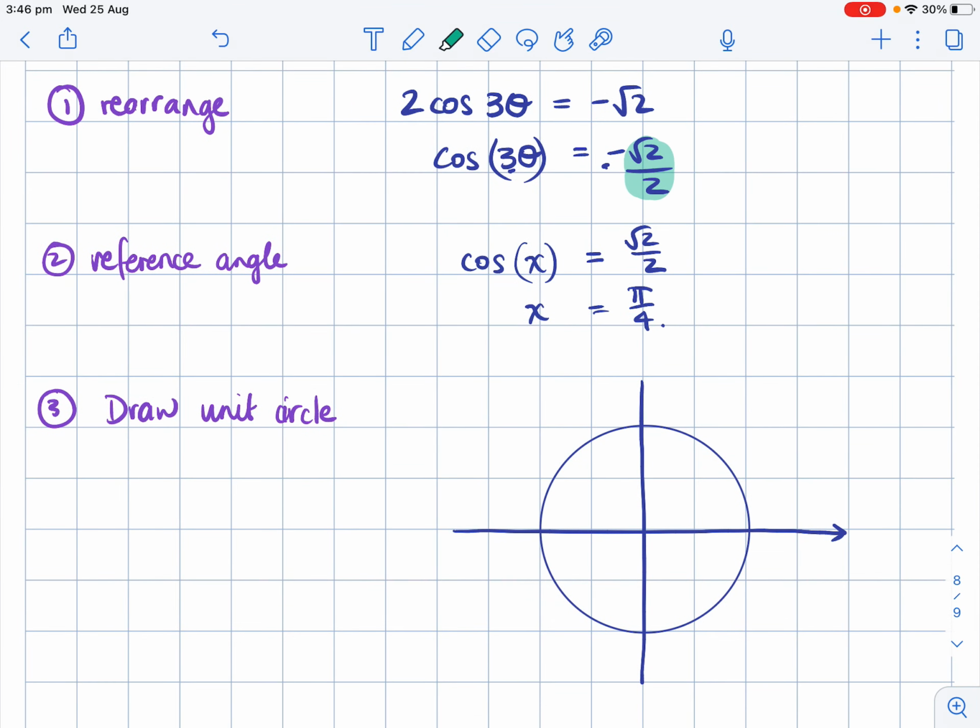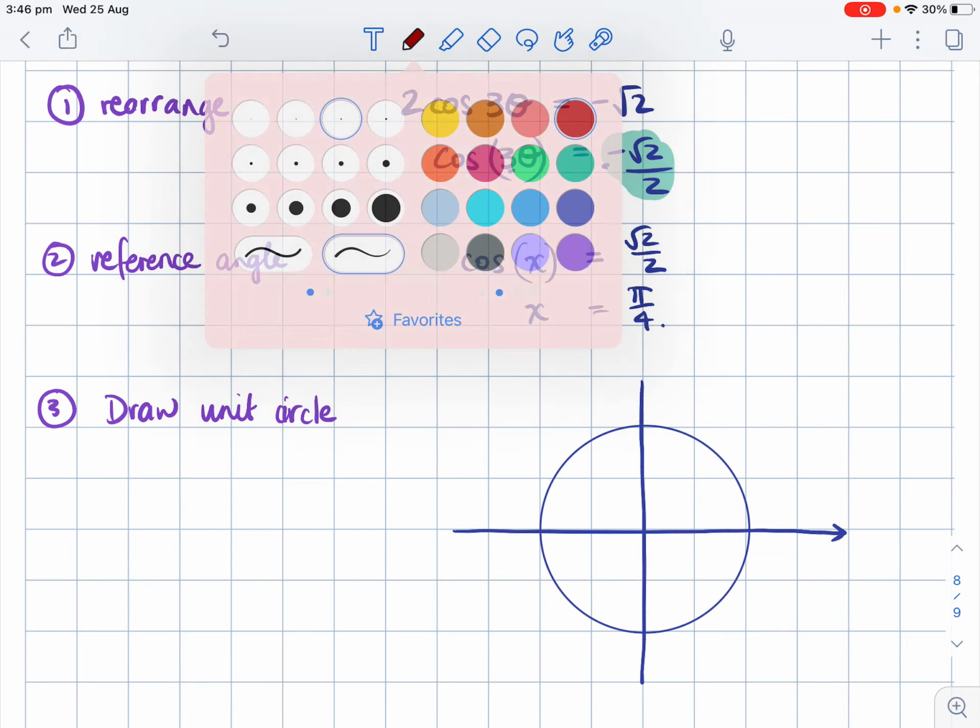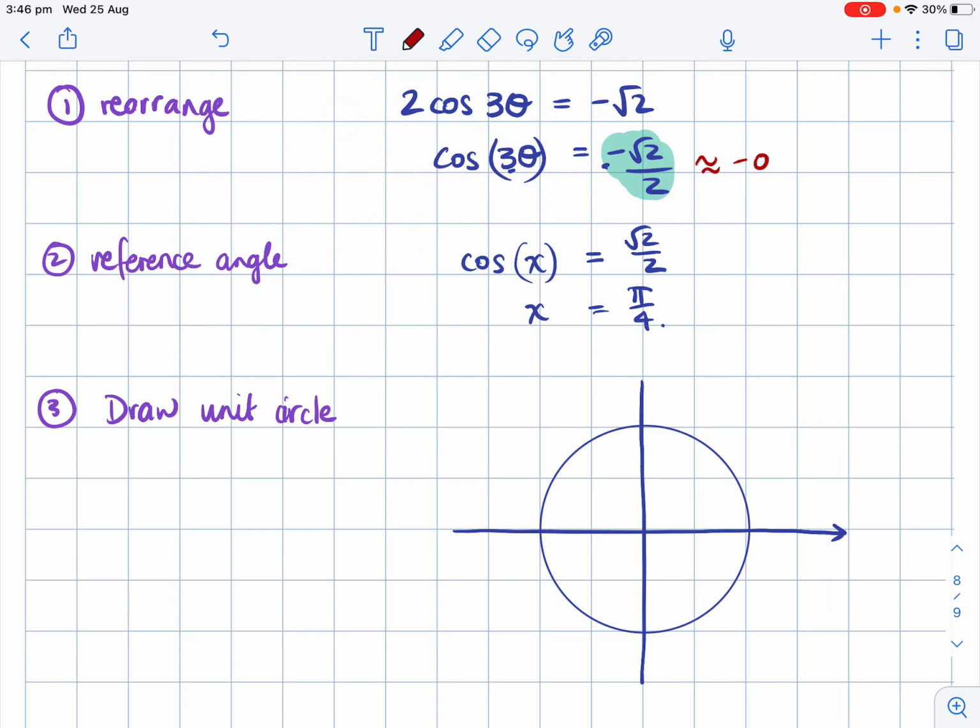We don't want to know when cos is positive root 2 on 2. We want to know when cos is negative root 2 on 2. Root 2 on 2 is approximately 0.7, so when you draw your diagram, you can say, well, cos is negative 0.7, which is roughly here. So I'm looking for these values on my unit circle.